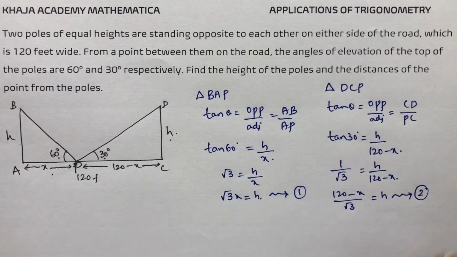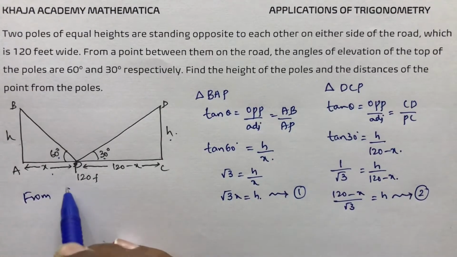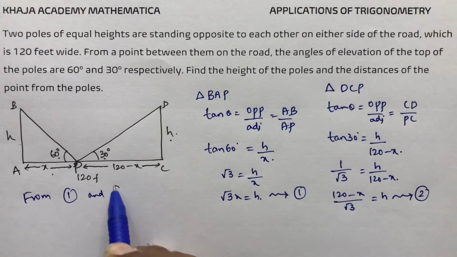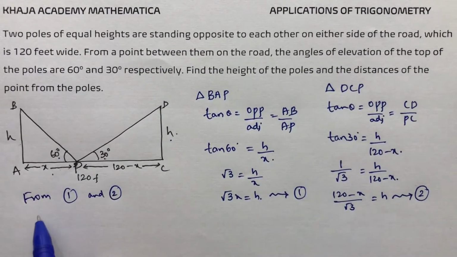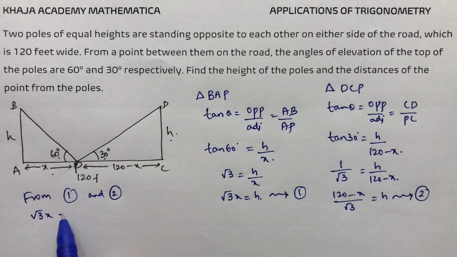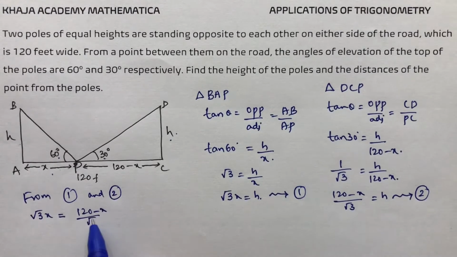Now see, from equation 1 and equation 2, if we'll simplify, H is common. So if I'll write root 3x equals 120 minus X by root 3.